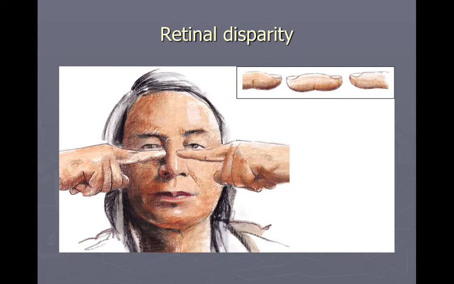And I know it's hard just listening to me and not watching me model it, but the little picture up in the corner here is what should happen. But again, you're not focusing on your fingers, you're looking past them.